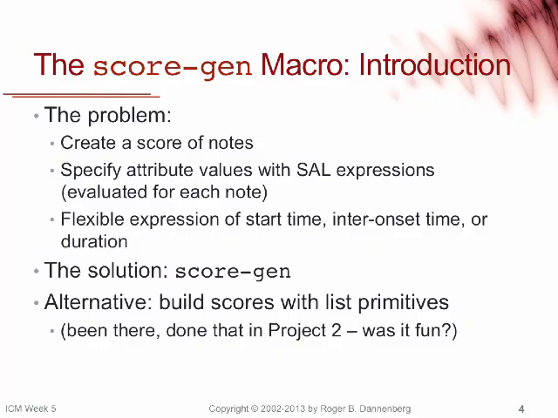And the score-gen macro gives you a flexible way to express start time, inter-onset time, or duration, and also control the number of notes that you generate. The alternative to using score-gen is to build scores with list primitives. And we've been there, done that in a project and in some of the lecture examples. It probably wasn't the most fun way or expedient way to generate scores.